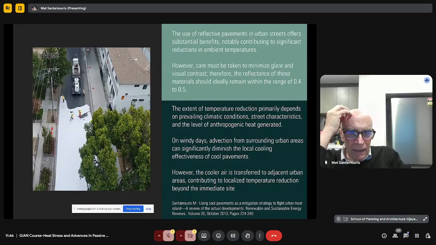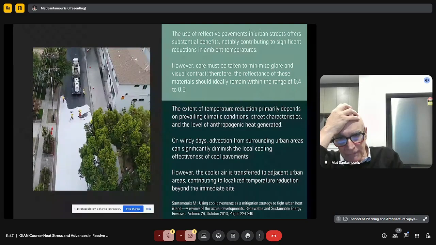Now, in the Gulf area and in many other parts of the world, they started using this technology. In my opinion, the materials that they are using in Los Angeles are very reflective. The excuse they have is that after 3-4 months, because of the aging, the materials are losing a lot of reflectance.